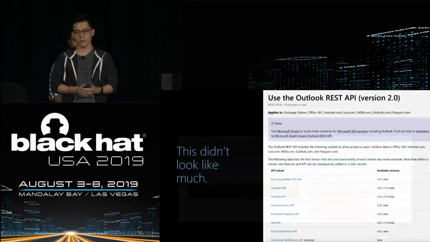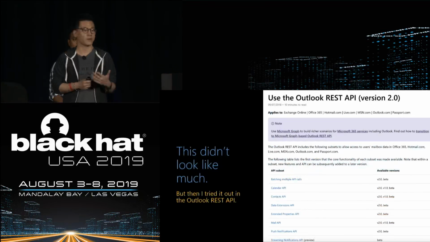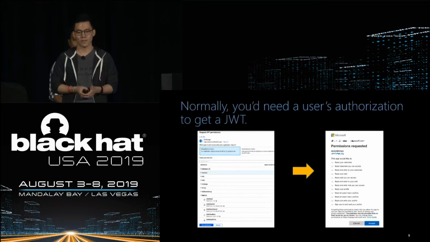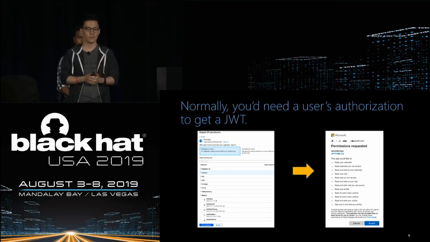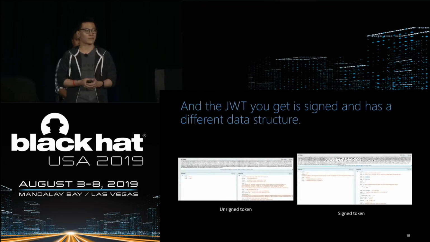And then I came across this official RESTful API on Outlook. And normally to use this RESTful API, third-party clients or applications need to be registered on Azure Cloud, and then let the user go through an OIDC flow, or OpenID Connect flow, to get the user's authorization to grant certain permissions to this application, so that this application can retrieve a JSON Web Token, and that token is definitely signed.